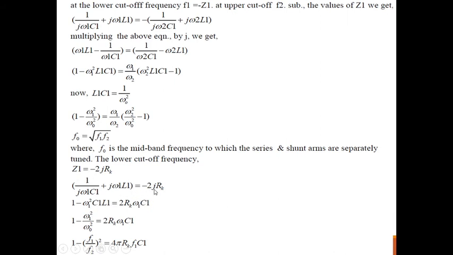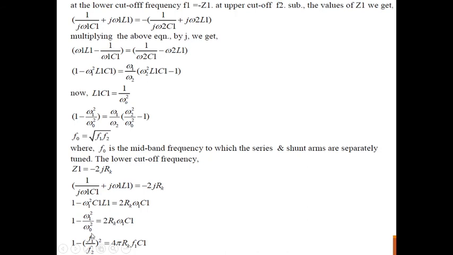From that we can obtain the expressions by making the cross multiplication, shifting the denominator term into the numerator. Then 1 minus omega 1 by omega naught square remains the same. The L1 and C1 values we also replaced like this. Then 2 into Rk, omega 1 and C1. From that we can find it out easily.